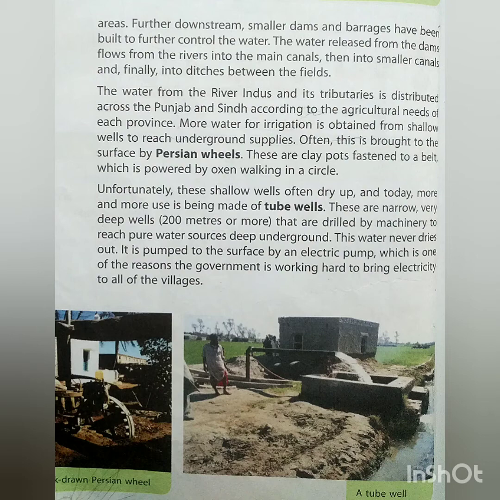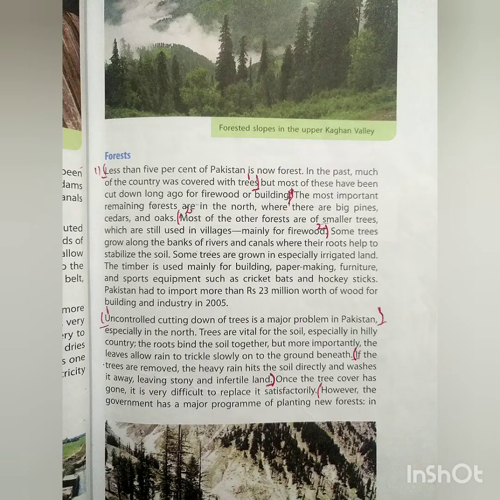If we talk about the forests, we all know that less than 5% of Pakistan's land consists of forest. In the past, much of the country was covered with trees, but now the trees have been cut down. Most of the trees have been cut because of the need for firewood and to make buildings.